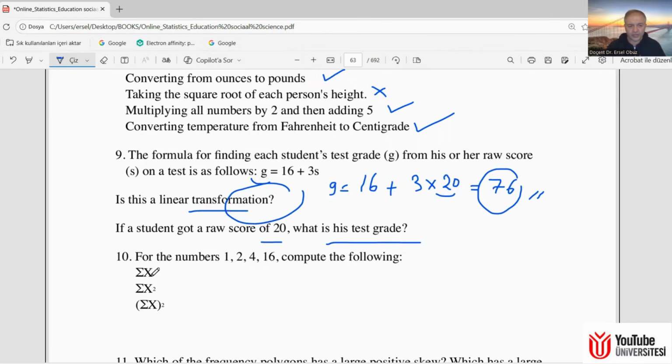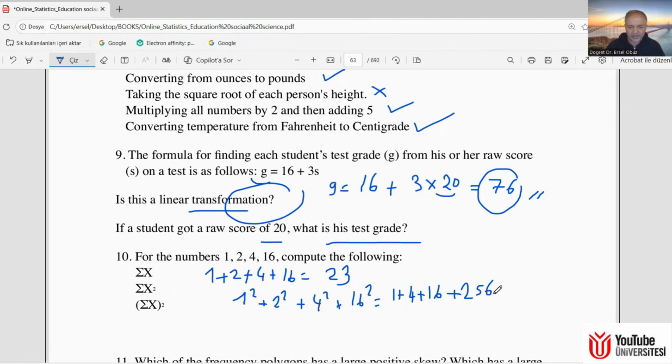It says compute the following. Total of X: 1 plus 2 plus 4 plus 16, 3, 7, 23. Total of X squared, so it means 1 squared plus 2 squared plus 4 squared plus 16 squared. Okay, 1, 4, 16, and 256.